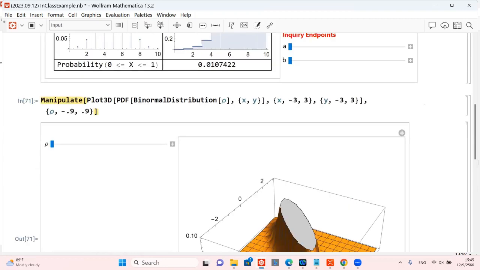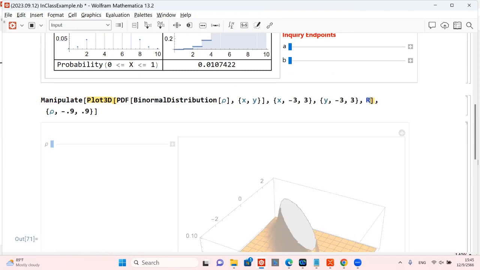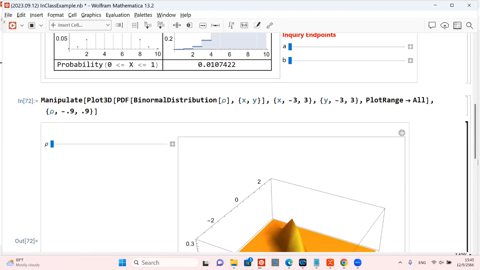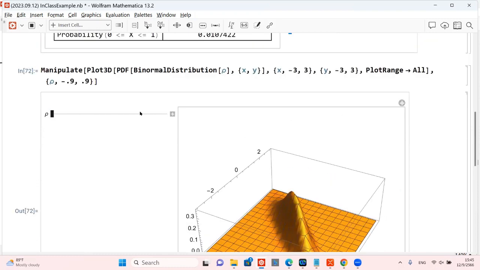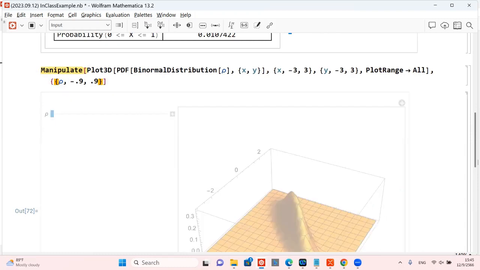Oh, it chops the head off. When it's too long, it automatically chops the head off. So I set the plot range to all, so it doesn't chop the head off. Let's start at 0. I'll give this to you so you can play.